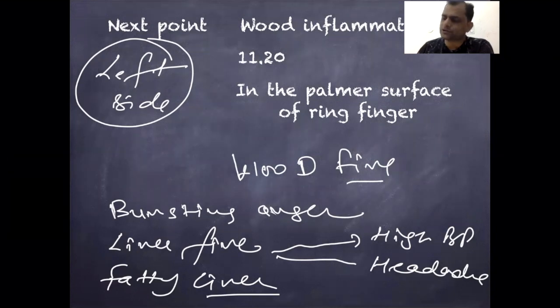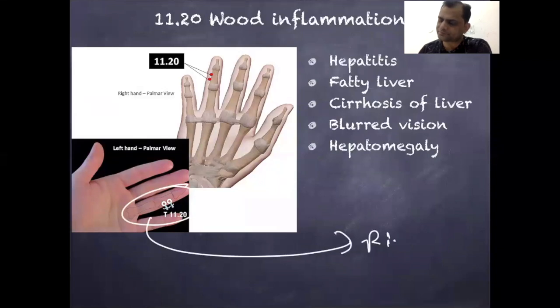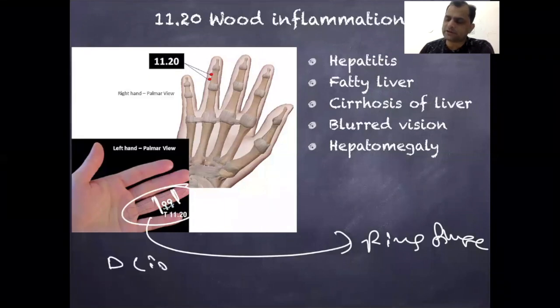So let's see the location. We can see this location in the ring finger. So look at the ring finger here. In the ring finger, this is the middle phalanges. In the middle phalanges, just on the border of bone, this line is called the D line.